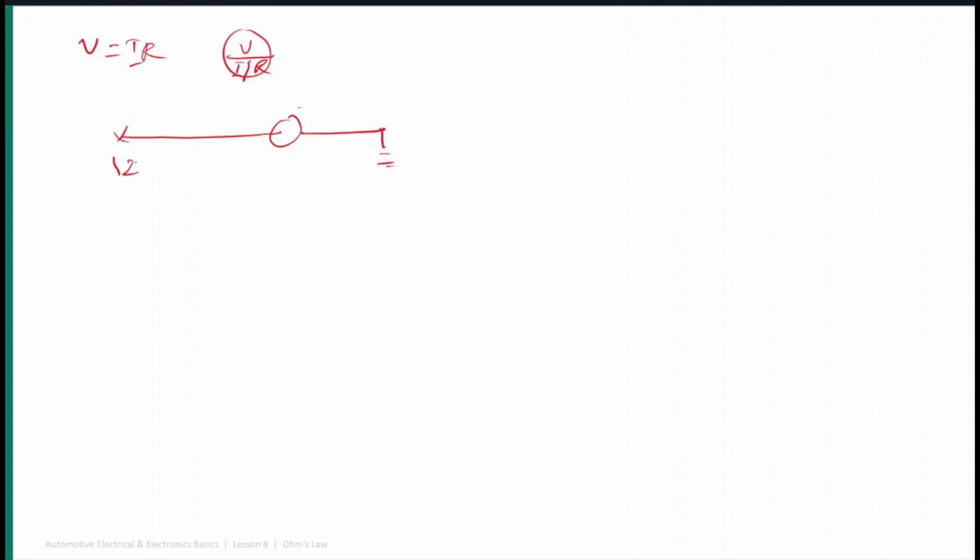Our vehicles have 12 volt. Let us consider the load as 3 ohms. So what is current? Current is equal to V by R. V is 12 volt. R is 3 ohms. So what is the current? 12 by 3, 4 ampere.